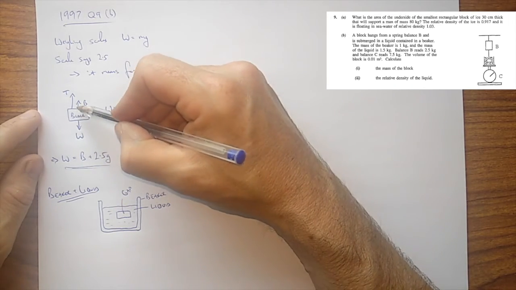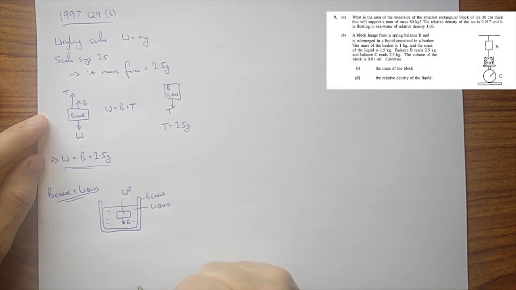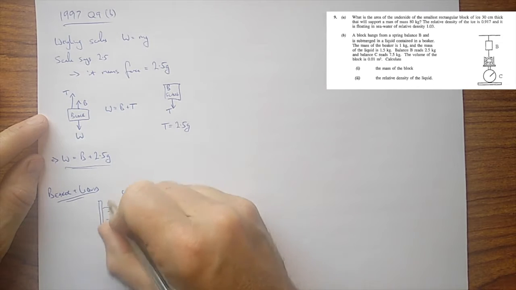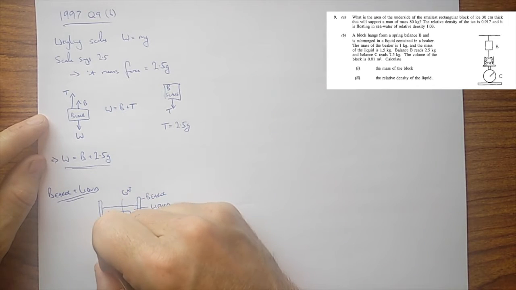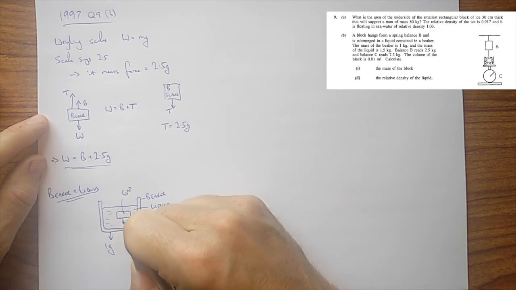Because the liquid is exerting a buoyancy force on the block, the block is exerting the same buoyancy force on the liquid. And this is one that keys to this whole question. We also have the mass of the beaker, which is 1 g, and the mass of the liquid, which is 1.5 g.